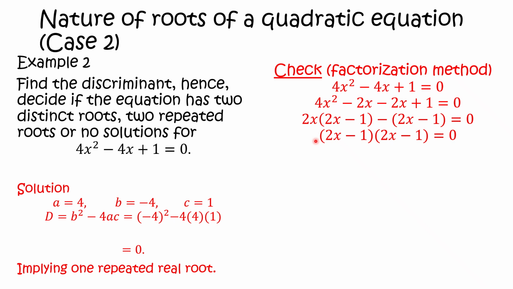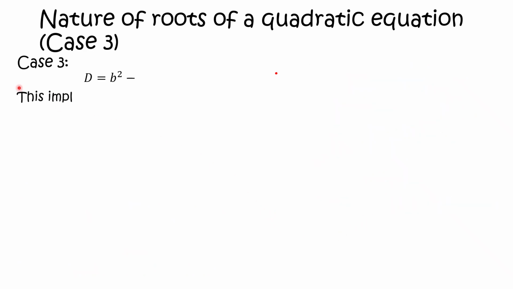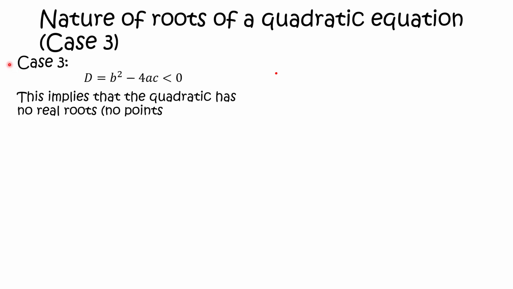And eventually, we get 2x minus 1 times 2x minus 1 is equal to 0. We set the factors to 0 after separating them so that we get x is equal to half twice. So we've got the same solution repeated. Great. Then implying that that is satisfied.